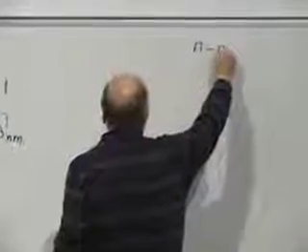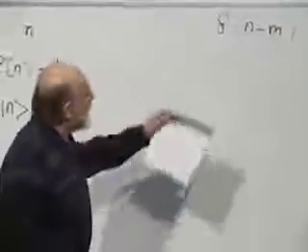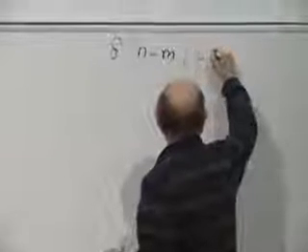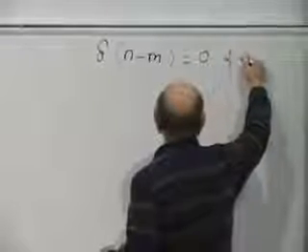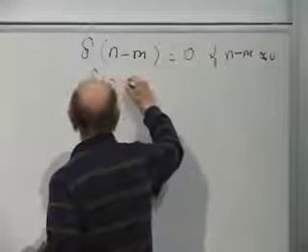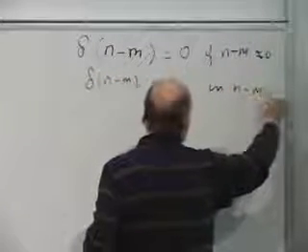Now, delta nm looks like it's a function of two discrete variables, but we can always think of it as really a function of only one discrete variable, namely n minus m. We could call it delta of n minus m, with the rule that when n minus m is anything but 0, delta of n minus m is equal to 0, and delta of n minus m is equal to 1 if n minus m is equal to 0.